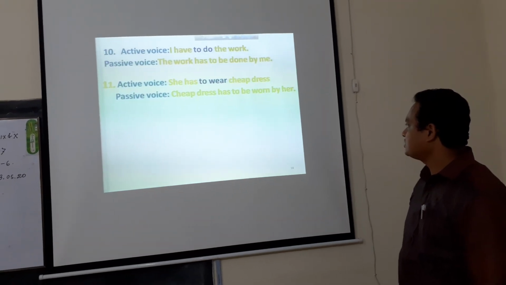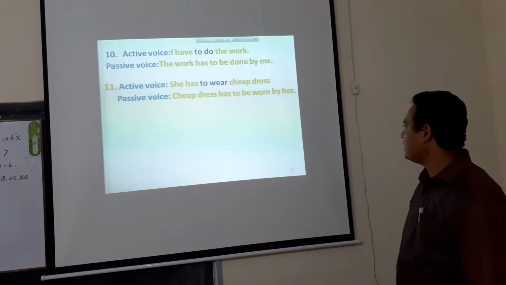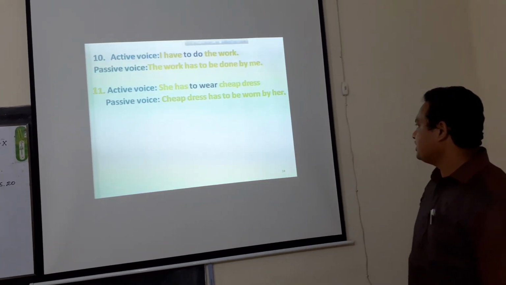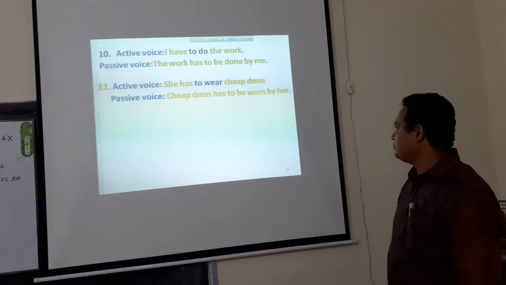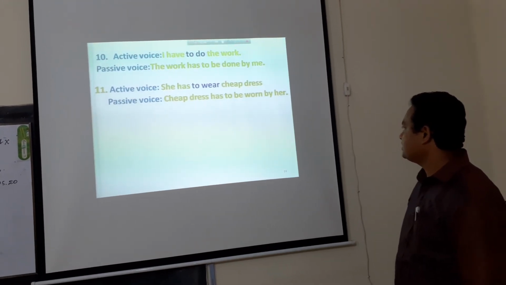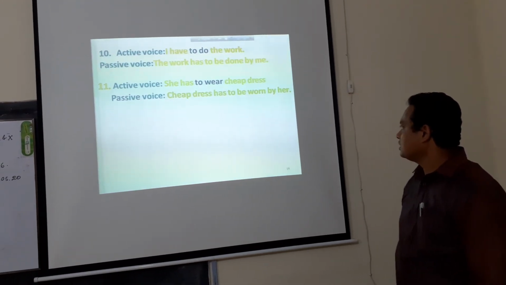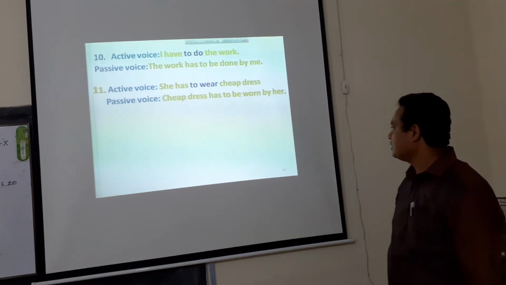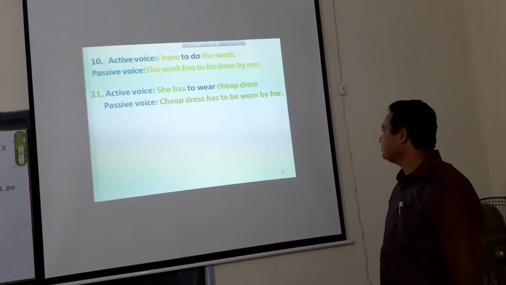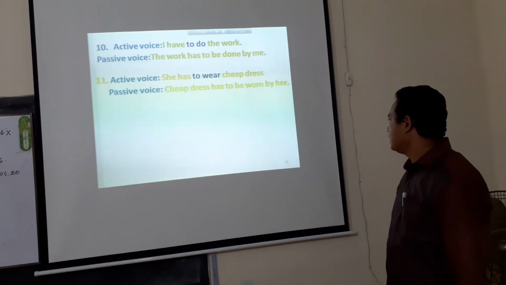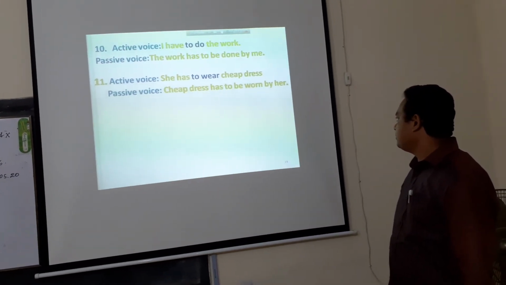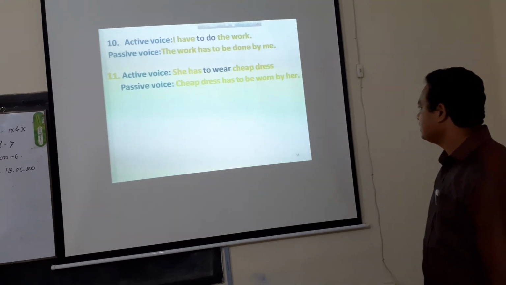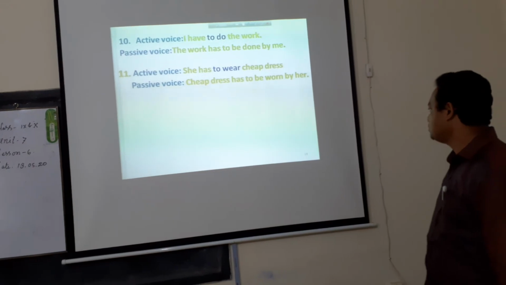A silk dress has to be worn by her. Please notice those examples. Silk dress is used as subject, then auxiliary verb has to be, then main verb worn, by is used as preposition, then she turns into her.